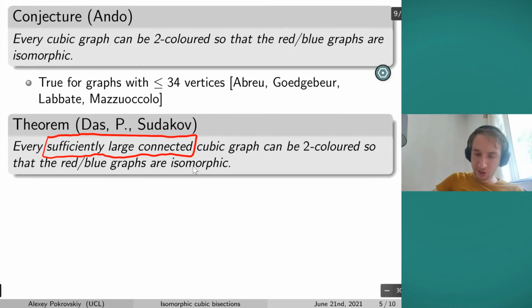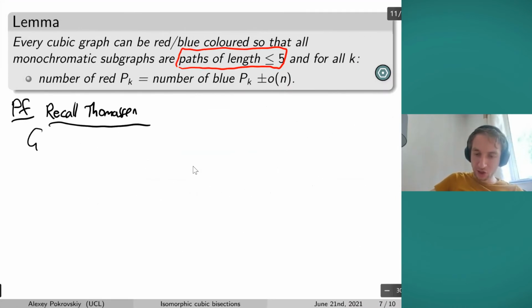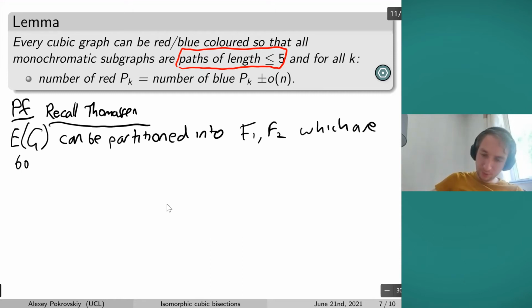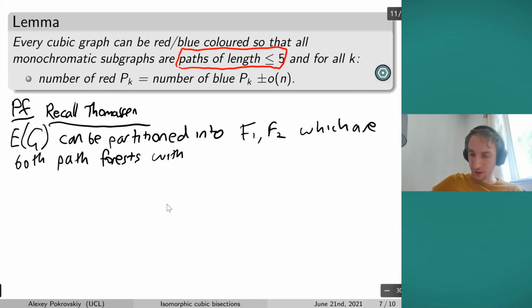So Thomason said that the edges of G can be partitioned into two subgraphs, F1 and F2, which are both path forests, so unions of disjoint paths of length at most 5.